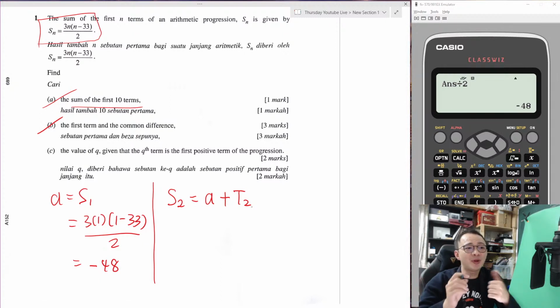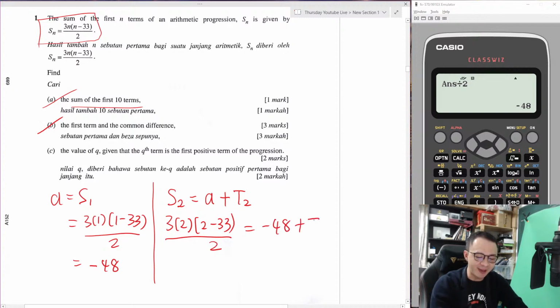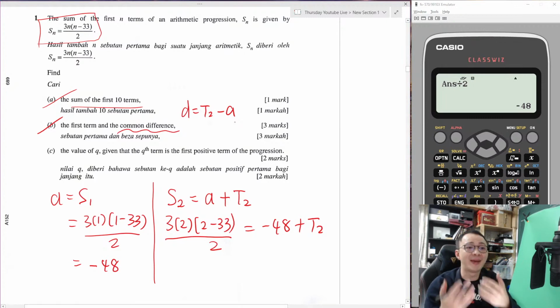So I substitute 2 into my Sn formula, and I have my A as negative 48. I want to find my second term. Why do I need it? Because the common difference is the second term minus the first term. This is how we get a common difference. So this is the reason I need to find T2, then use T2 minus T1, which is A, to get my D.